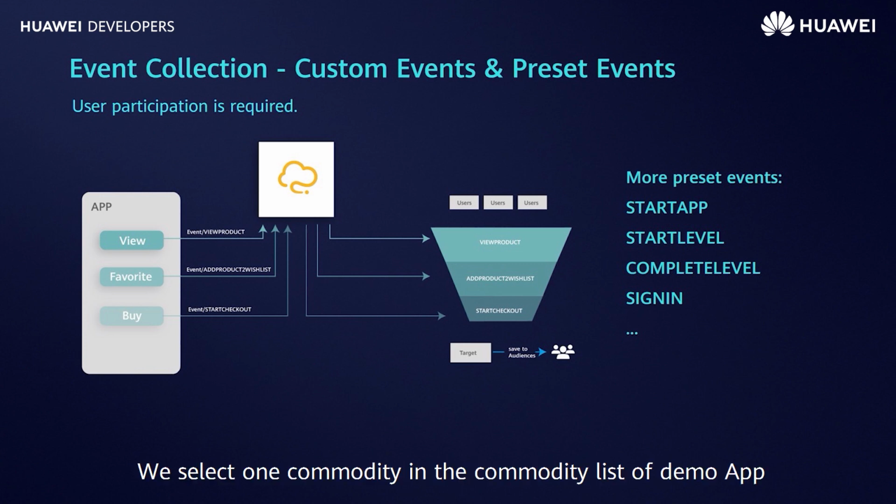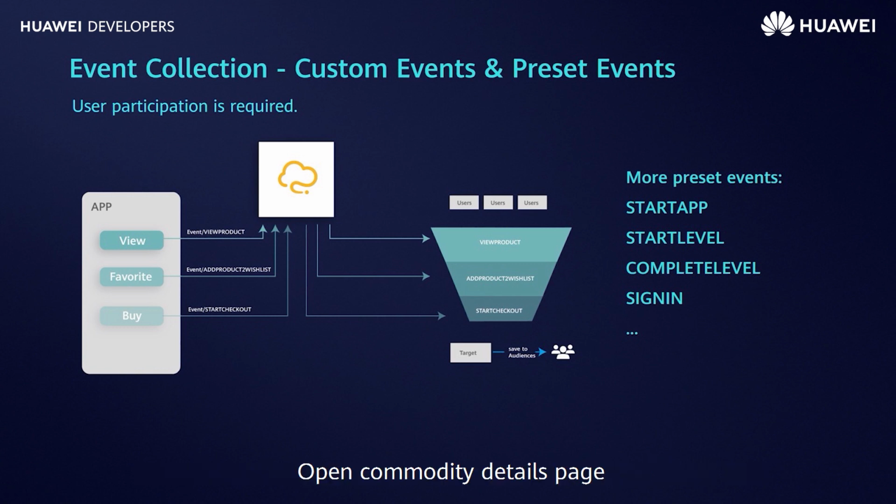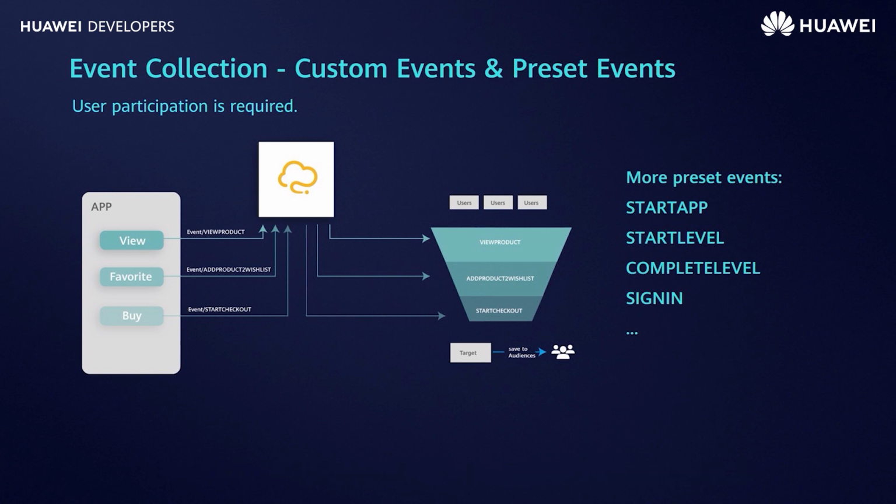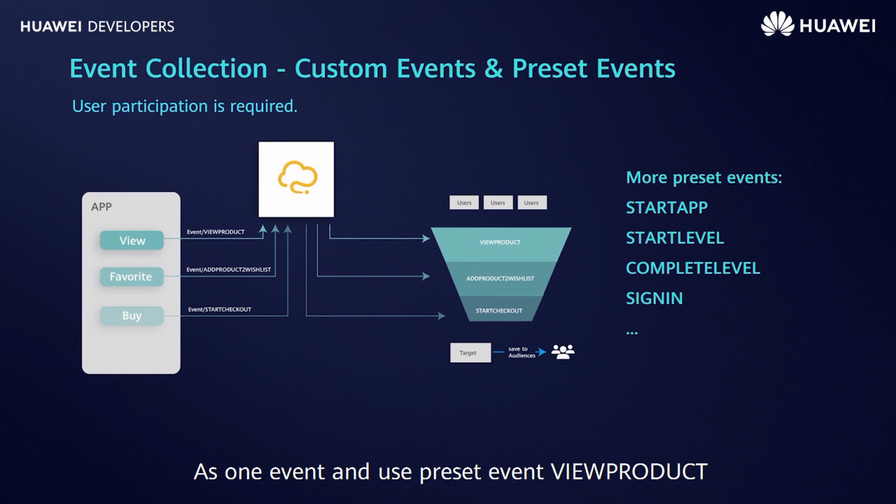We select one commodity in the commodity list of the demo app. Open the commodity details page and package the user's action to view commodity information as one event, and use the preset event view product as the event name, and it means viewing commodities.